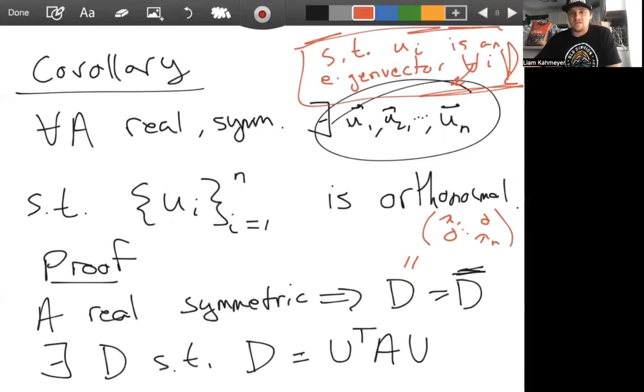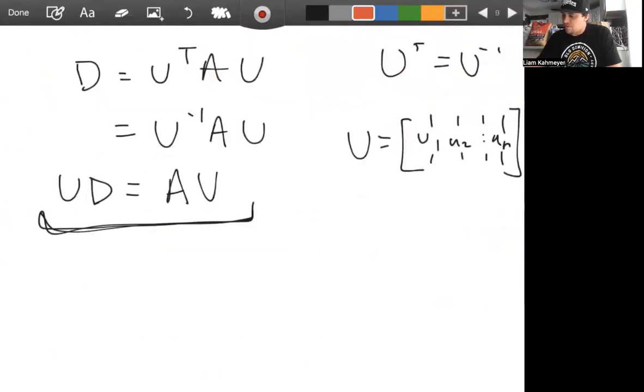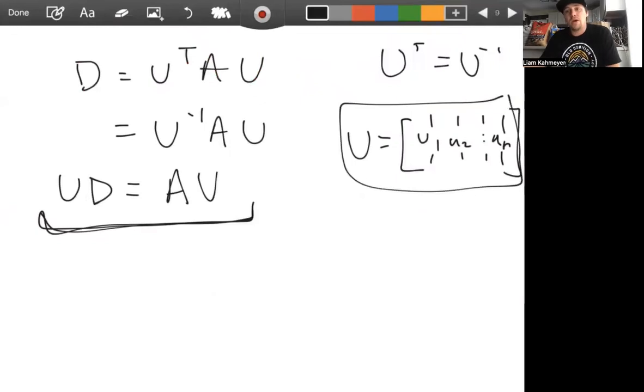So what this corollary is saying is that if you have a real symmetric matrix, you can find a set of eigenvectors that is an orthonormal set, right? And so our orthogonal matrix here, U, is composed of the eigenvectors. Why do we do that?